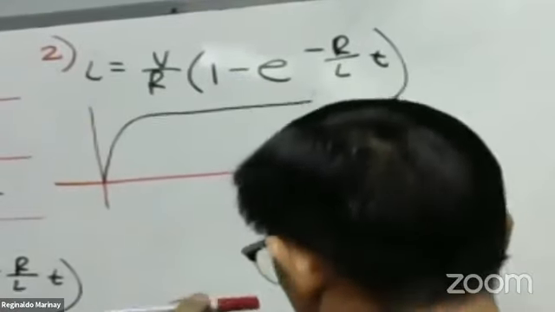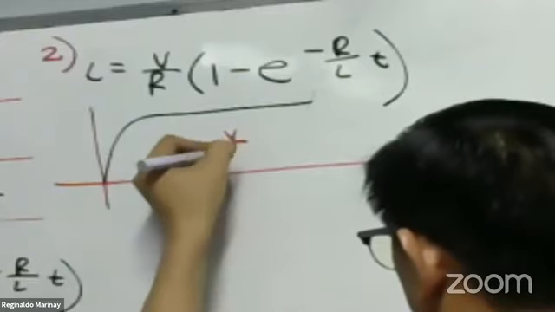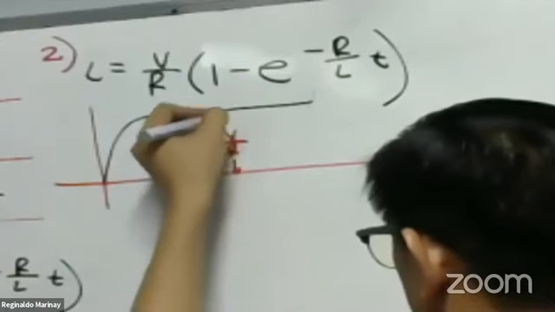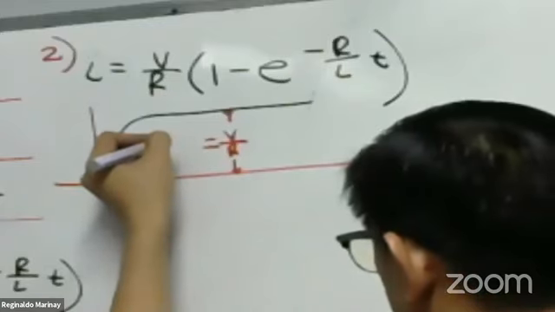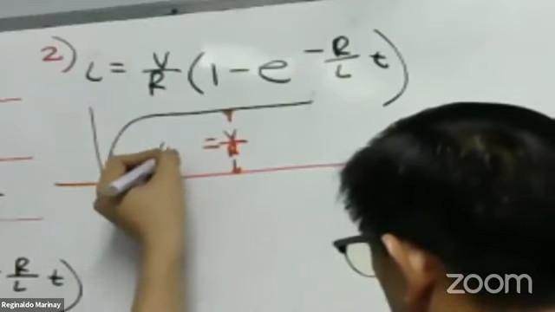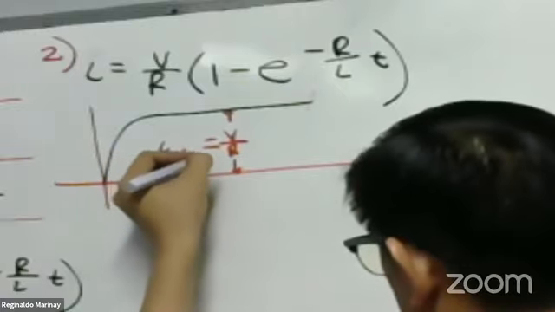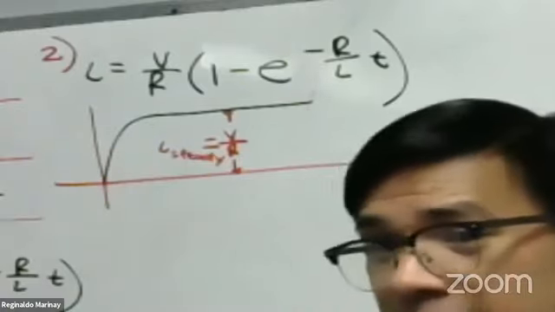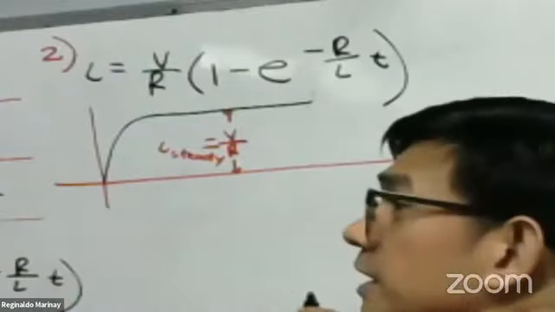The V over R is this value. That is already our steady state current.